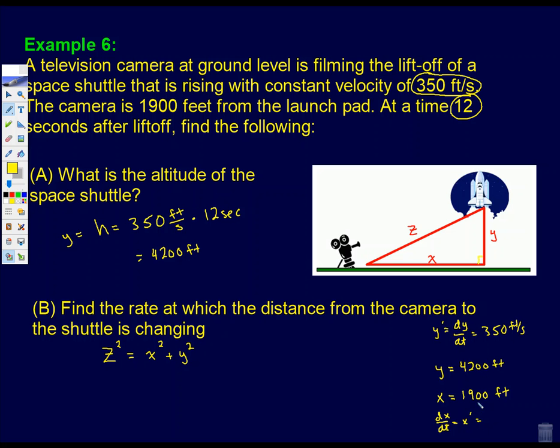We weren't told it, but we kind of were, in the fact that that distance is not changing. That distance is going to remain constant because the camera is not going to move from its location. So in other words, since it's not changing and that 1,900 is constant, this derivative is going to be simply 0.